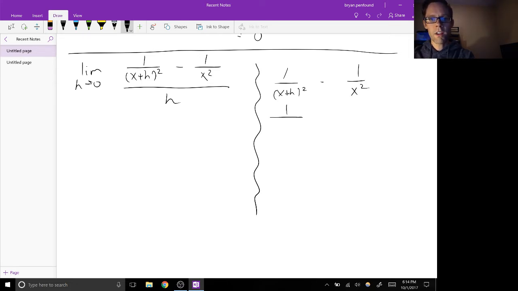My first fraction has two copies of x plus h, and my second fraction has two copies of x. So they don't share any particular factors in the denominator. That means our common denominator is going to be x times x plus h times x plus h. It's going to be these two denominators multiplied together.